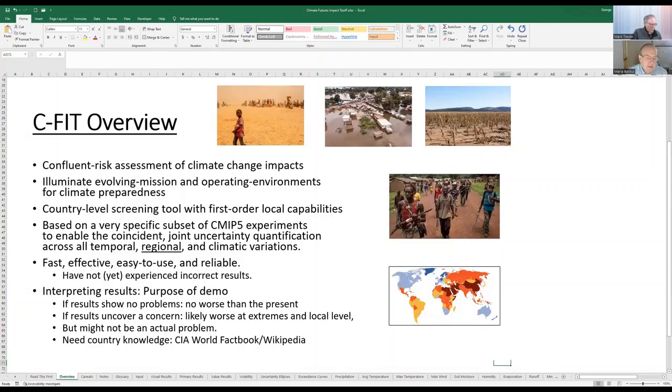And so the idea is that you can finally take a look at climate preparedness. As a company, you have an evolving mission that you have to deal with in different operating environments. So it's quite useful, I think. I still consider this a first order local capability. So it's more of a screening tool to help people understand what is actually happening in a country, or what's likely to happen in a country, what they have to worry about possibly happening in a country.